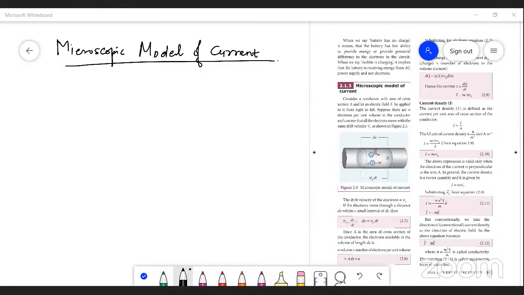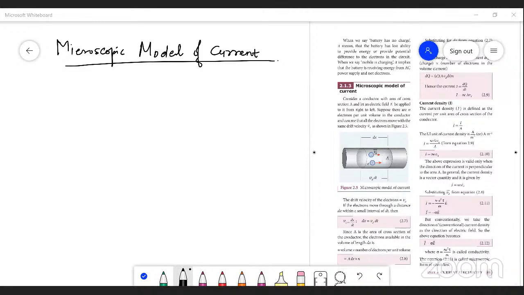Here, in this microscopic model of current, we are going to discuss the movement of electric charges, or in other words, the flow of current due to the application of an electric field through a given metallic conductor. So the microscopic model of electric current deals with the application of an electric field across a metallic conductor, which makes current flow through the conductor.